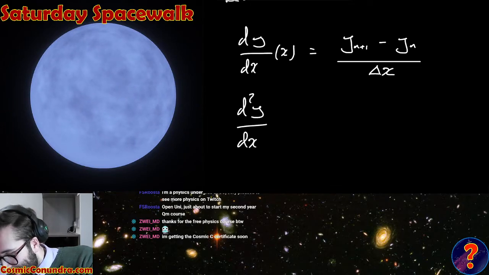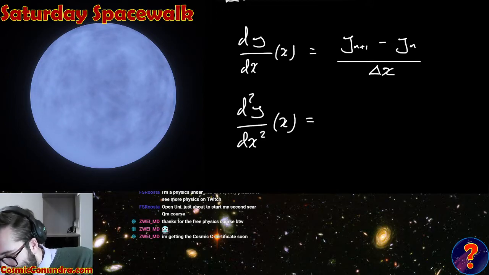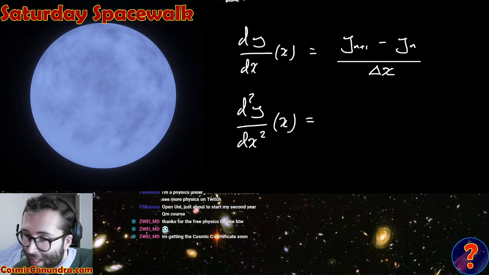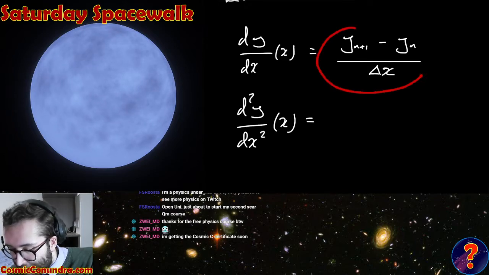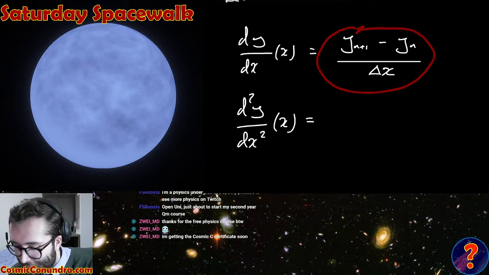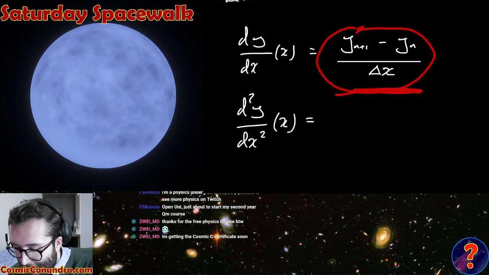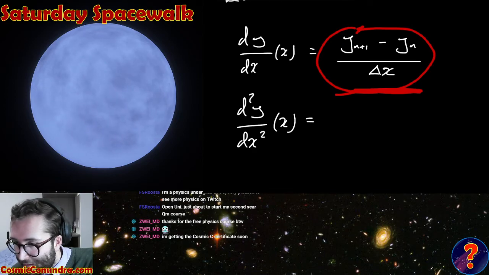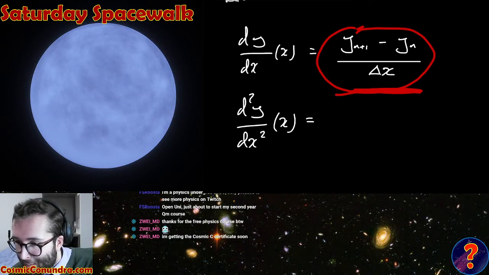Doing that, the second derivative, now this is a little different. The way you work this out is you find the ordinary derivative at, say, some point yn plus 1 minus yn, as this defines here, and then you find the ordinary derivative at a point yn minus 1.